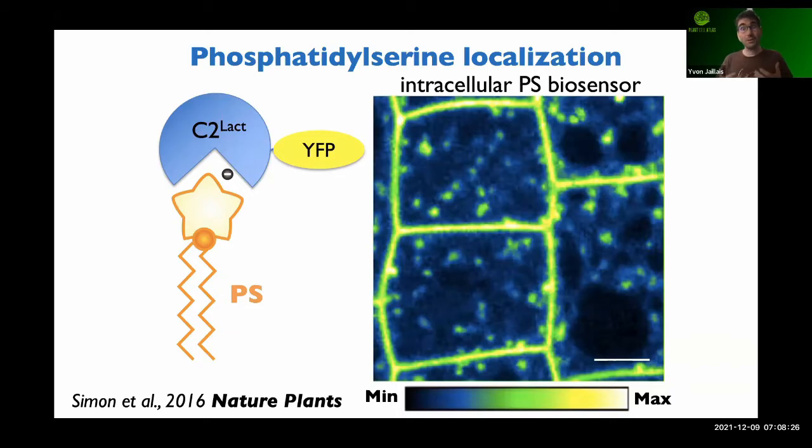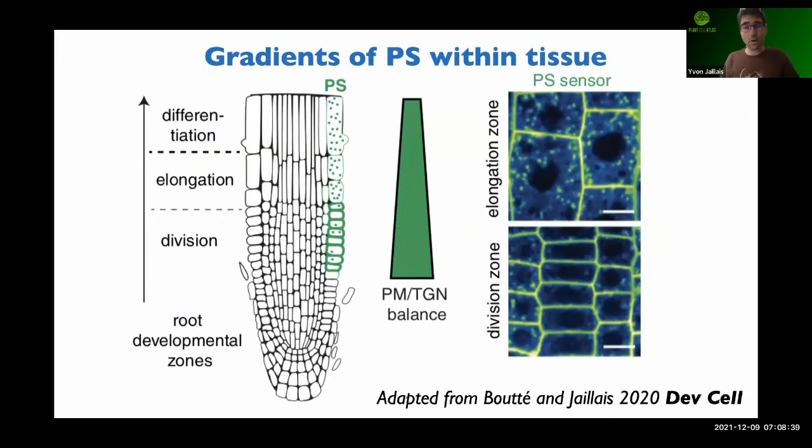This sensor strategy has been used widely in yeast and animal cells. But one thing that we do when we work with plants is that we work with entire plants, and immediately under the confocal, what we can do is look at the localization of these lipids in different cell types or different differentiation status. And for example, using root, it became very quickly evident that PS is not present at the same concentration in different cells.